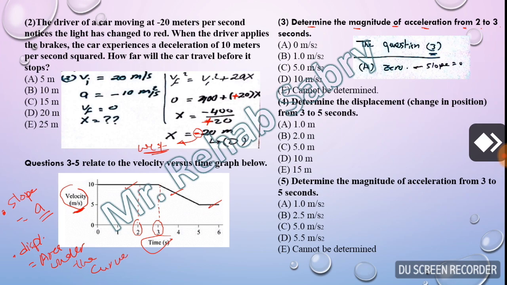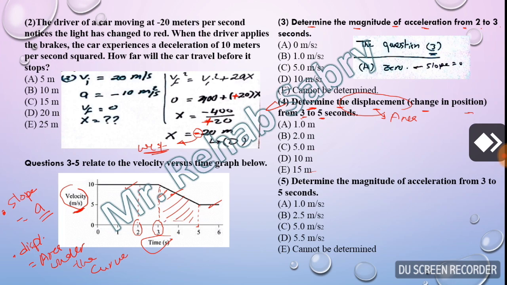Well, okay, in number 4 he is asking to determine the displacement, or change in position, from 3 to 5 seconds. From 3 to 5 means from here to here. Displacement is the area under the curve, so it means that area.